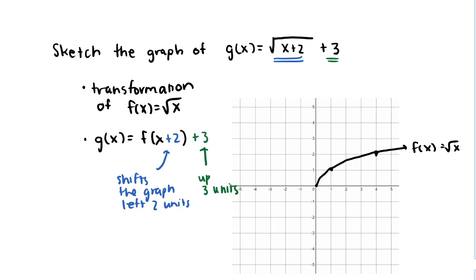So g of x looks something like this. There's one point, here's another point, and here's another point. This is the graph of our g of x function. We're able to graph g of x based on our understanding of transformations and the fact that we knew one graph to start with, f of x is equal to the square root of x. This is a powerful idea that we can apply generally to lots of different functions.